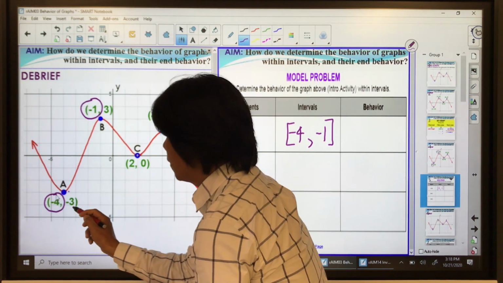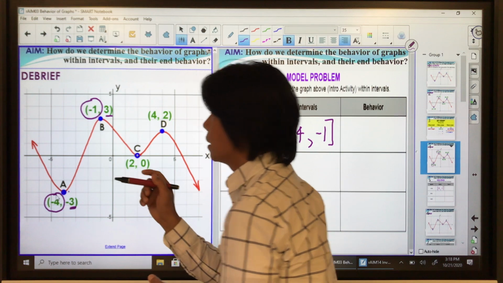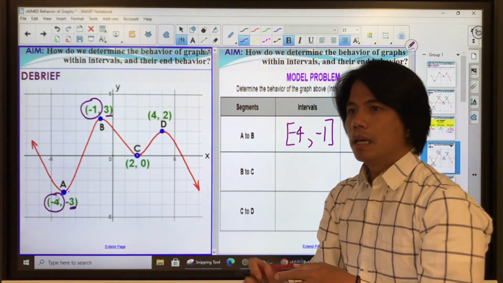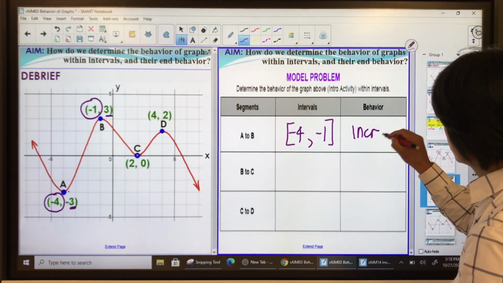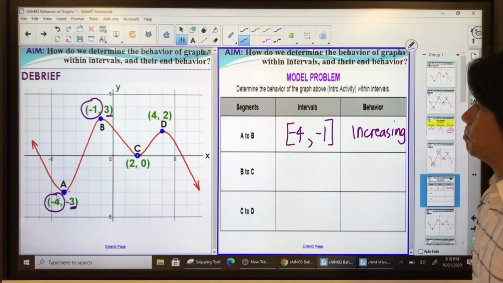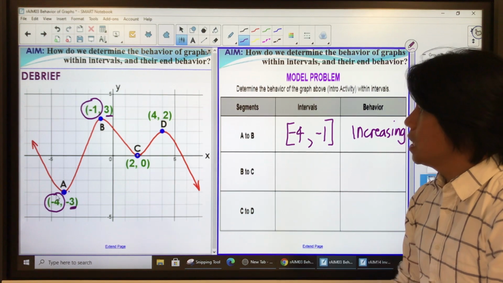Take a look at the y values. It's -3 and +3. So what's going on? From -3 to +3, it went up, right? So therefore it's increasing.